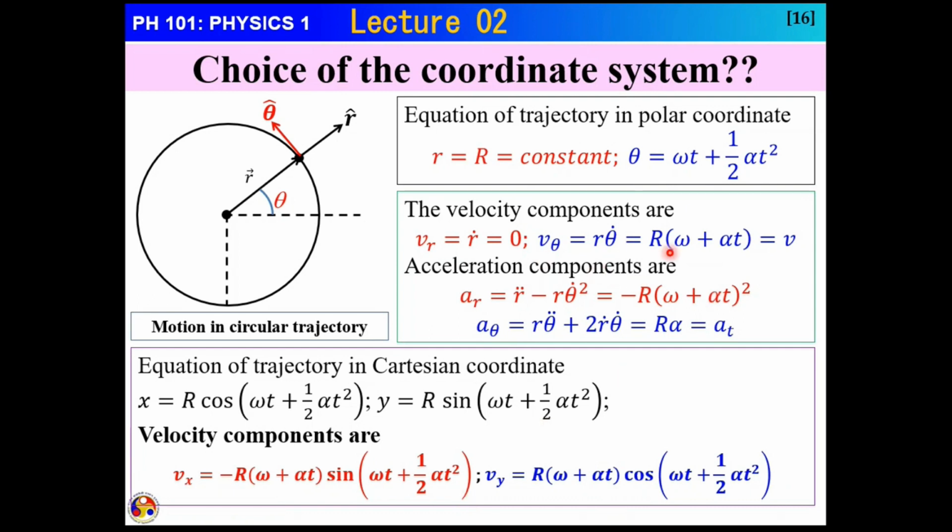Here, it's very easy. There is only one velocity, right? In this way, it is quite useful to identify the symmetry of the problem, and then use it, because it will be quite helpful to solve the problems.